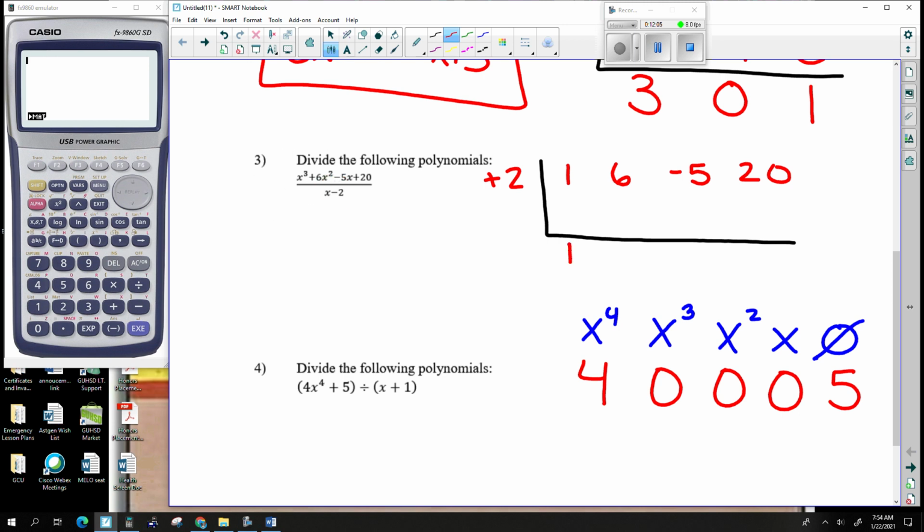I drop this first number, and I multiply the outsides, which is 2 times 1. 2 times 1 is 2. Okay, and then I add the insides. 6 plus 2 is 8. I multiply the outsides. 2 times 8. I add the insides. Negative 5 plus 16. I multiply the outsides. 2 times 11. I add the insides. 20 plus 22.